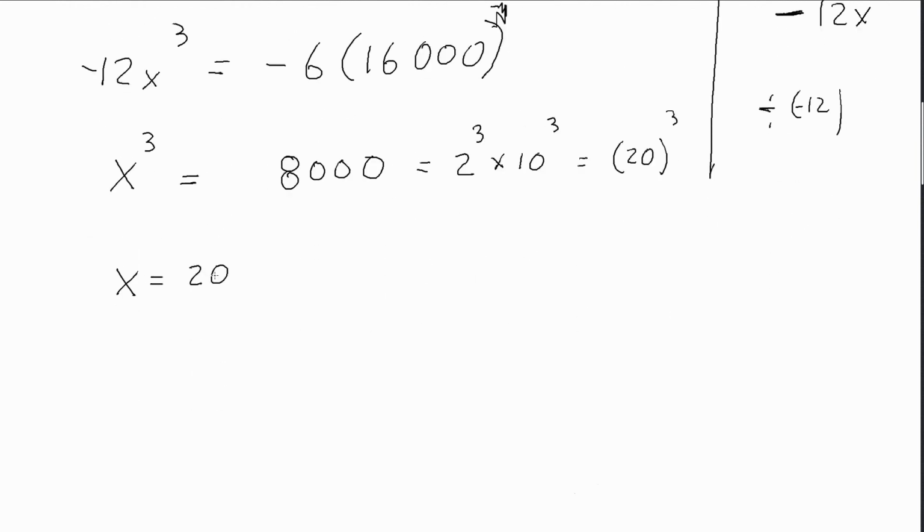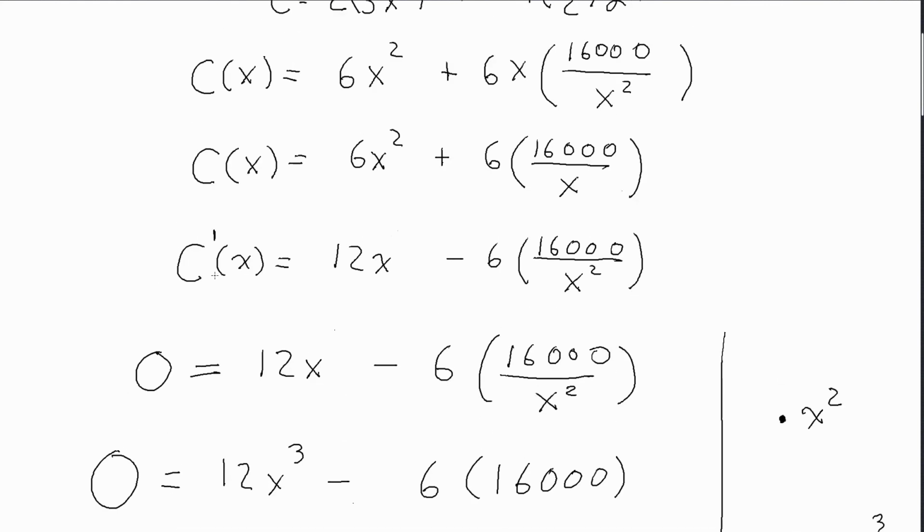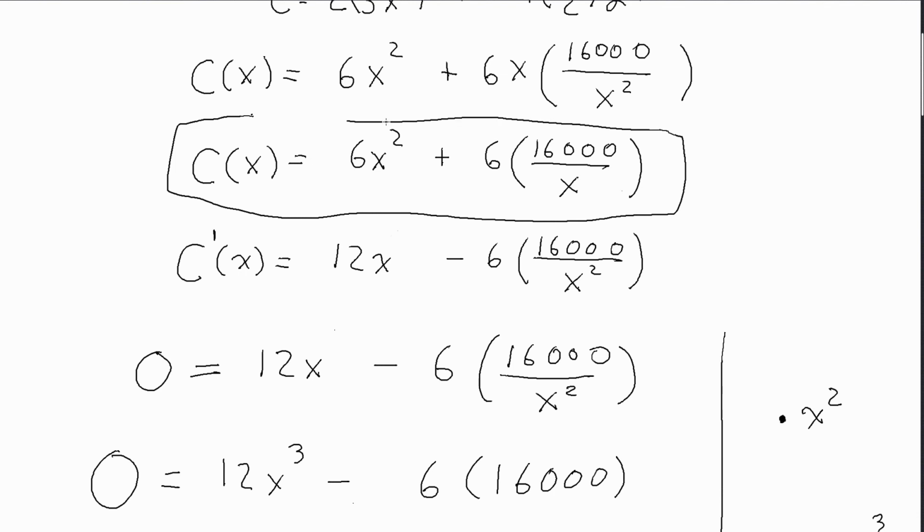So x is 20. Now let's go back in here and find out what is the cost. So if I take 20 and substitute it in here for this cost, that would be my minimum cost.